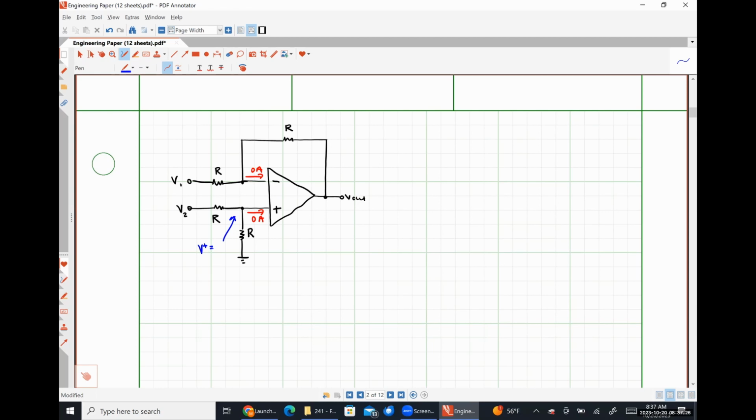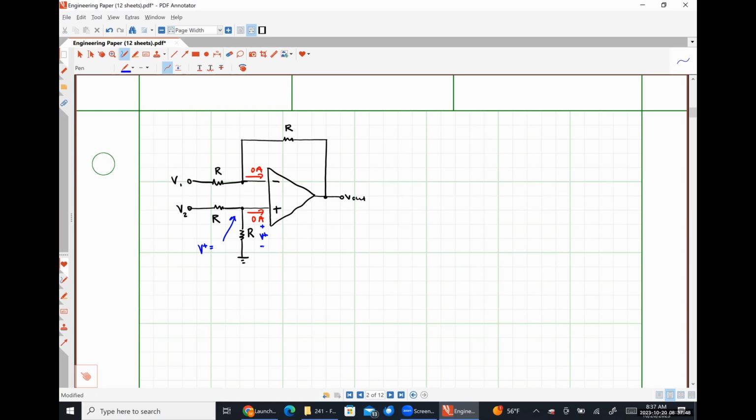So recall this voltage V plus is a nodal voltage. It's measured with respect to ground. That is the exact same thing as the voltage drop across this resistor R that is in this vertical position, right? We know that no current can branch off and flow into the input terminal.